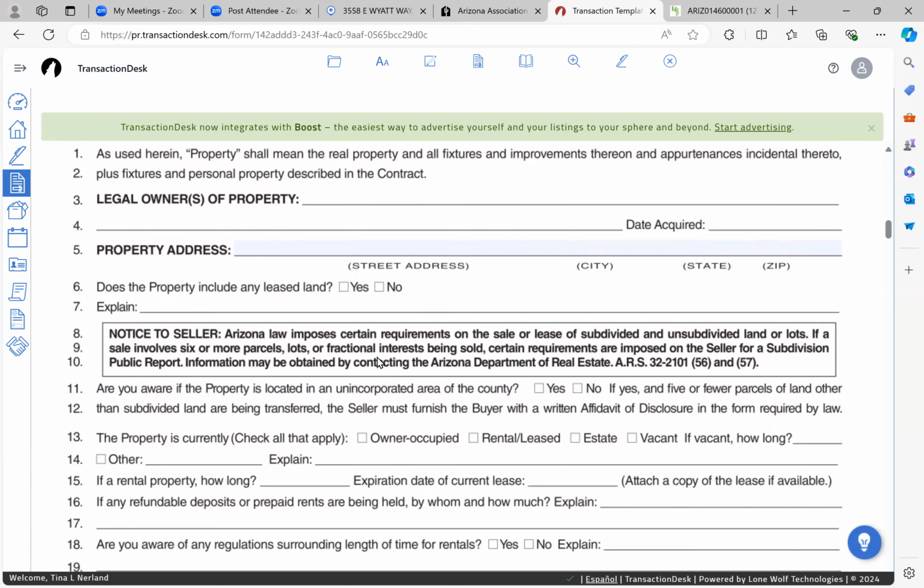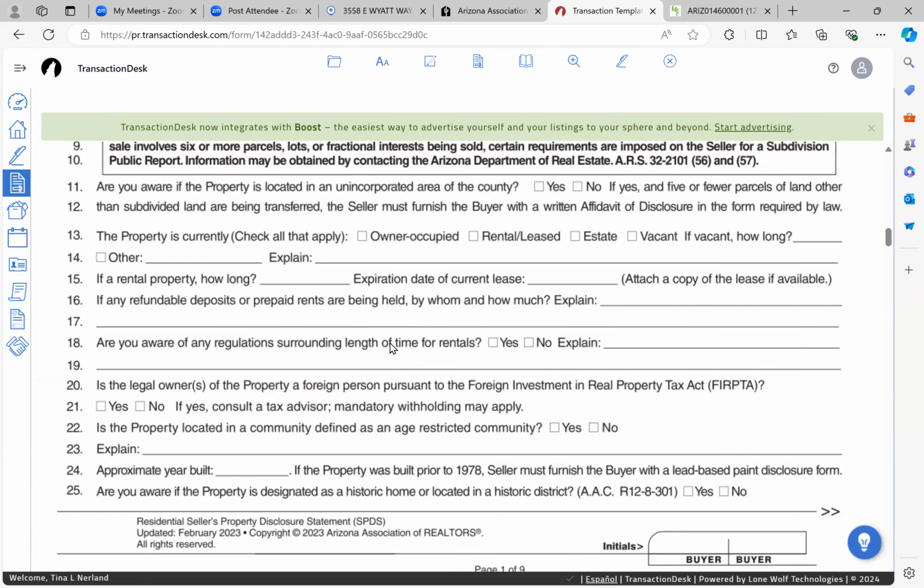This has been updated, and one of the main things that they updated on this is line number 20. Is the legal owner of the property a foreign person pursuant to the Foreign Investment in Real Property Tax Act, FIRPTA? Yes or no?